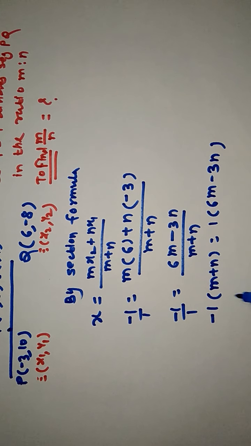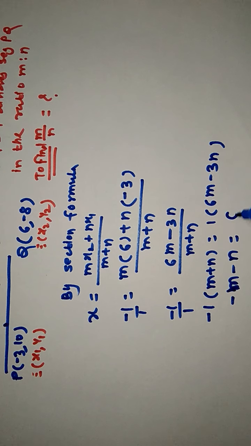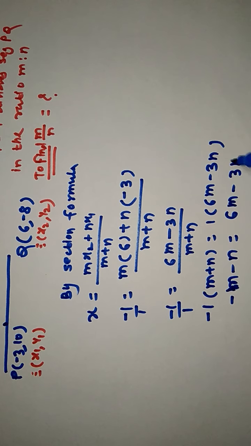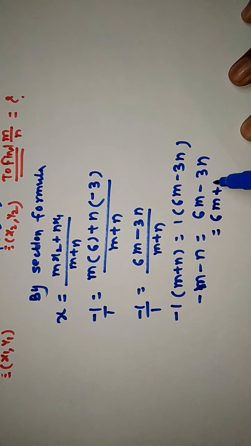Now solve this. Minus m minus n equals 6m minus 3n. Now minus m, adding on this side means plus, and we add minus 3n on this side, minus n plus 3n.